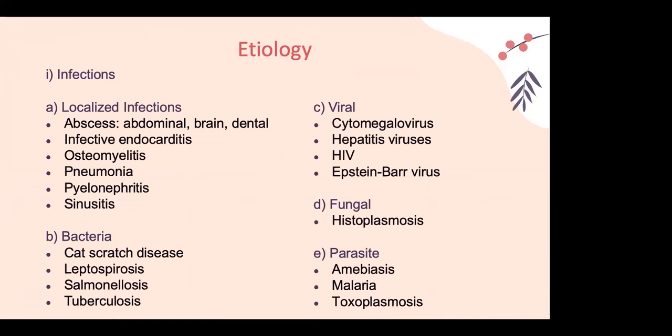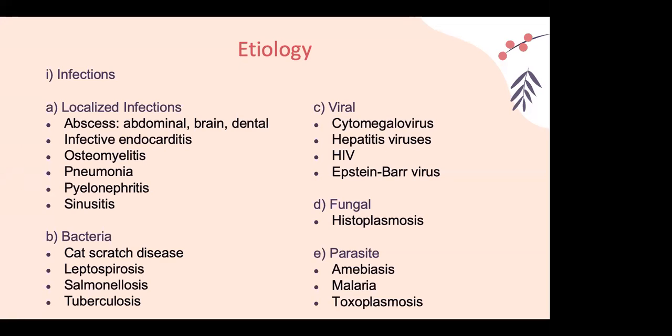In FUO, I divided the etiology into infectious and non-infectious. Infectious is the most common cause of FUO. Under infectious, it can be due to localized infection such as abscess, infective endocarditis, osteomyelitis, pneumonia, and bacteria such as cat scratch disease and leptospirosis.